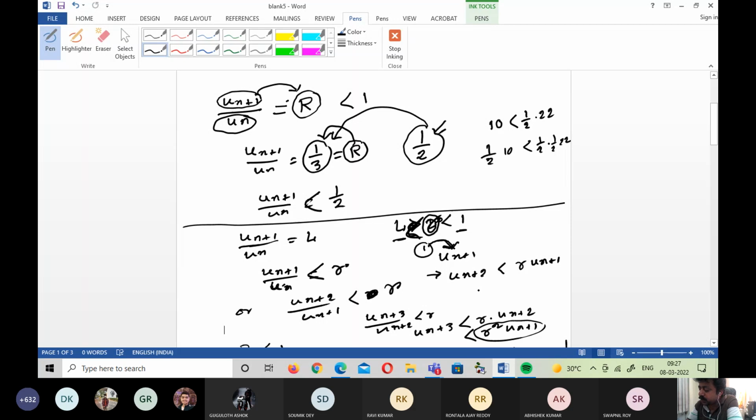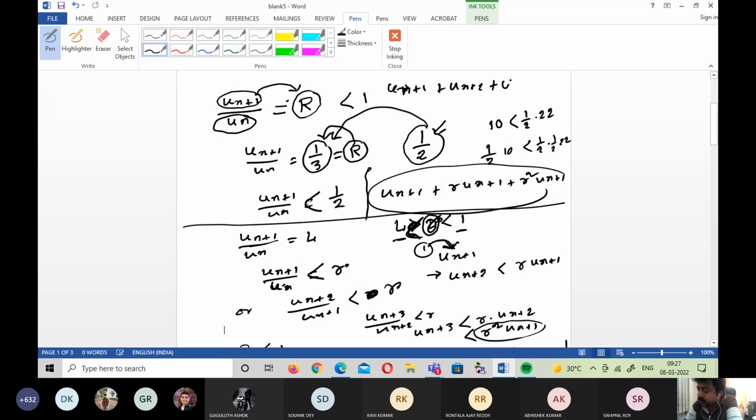So if you transfer all the terms in terms of u(n+1), it will look like this: u(n+1) plus r into u(n+1) plus r squared into u(n+1). This will create a series which is larger than u(n+1) plus u(n+2) plus u(n+3).